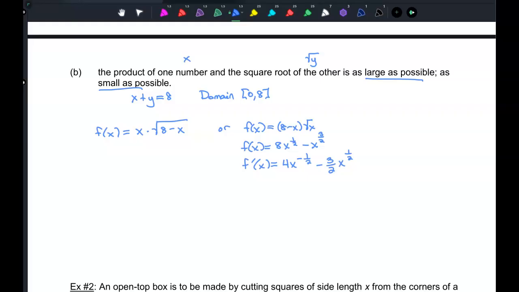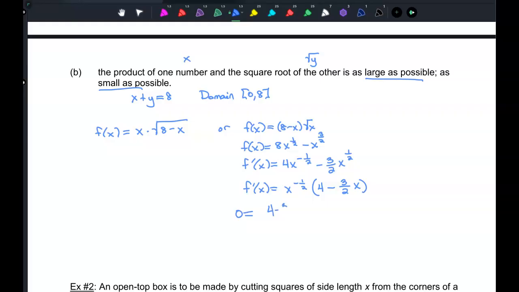What do you want to do from here? From here on out, this is algebra. So you want to factor out x to the negative 1/2? You can do that. That will be 4 minus 3/2 x, all over root x. Are we okay with that?